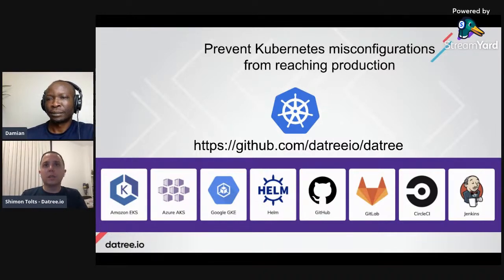The way we do it is every time there is a change made to your Kubernetes manifest or to your Helm charts, our CLI utility runs and checks against predefined sets of policies that you can control in a centralized way. For example, you can make sure that you have a memory limit set for all of your workloads.